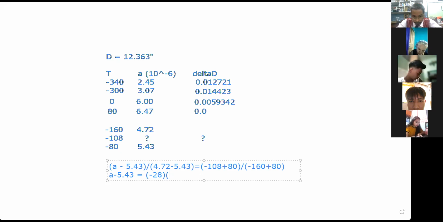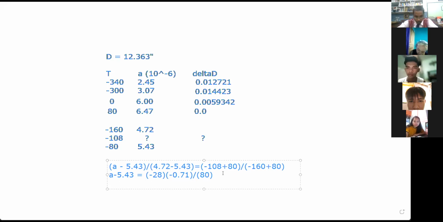The answer is negative 0.71. Is this correct? 4.72 minus 5.43. Correct. Okay. And divide by negative 160 plus 80, this is negative 80. That is a simplified form.